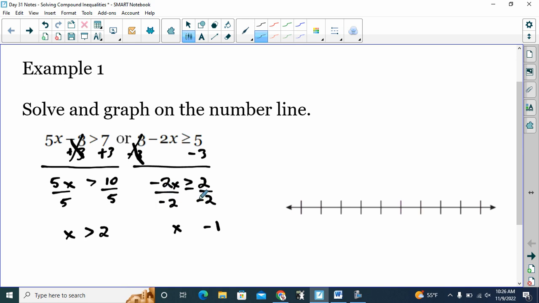Don't forget, if you divide both sides by a negative number, we need to flip our inequality around. And don't just circle this and circle this, because an or statement and an and statement are different things. If there was an or in the problem, there should be an or in our answer. Our answer is x is greater than 2, or x is less than or equal to negative 1.